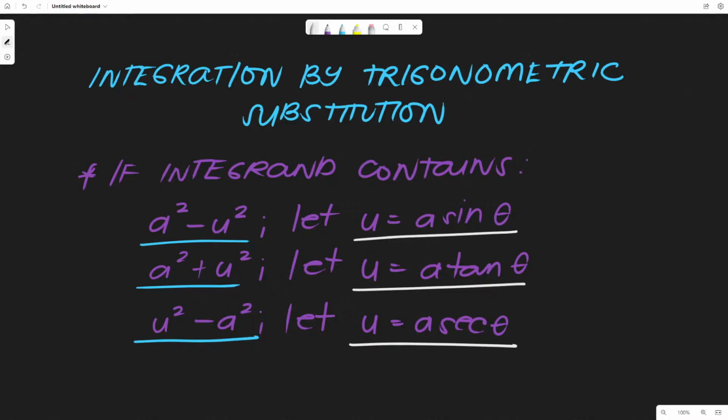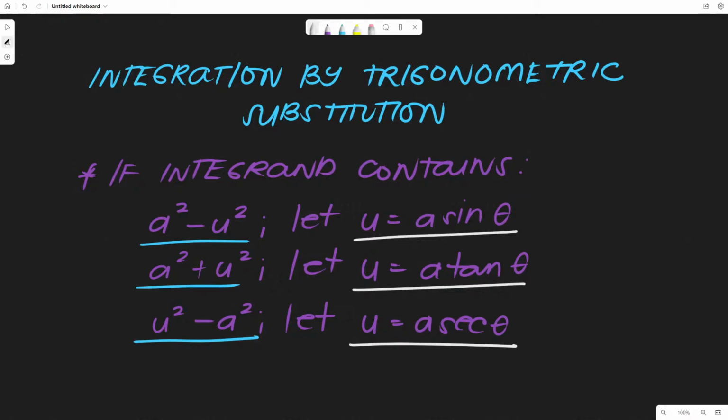We will be discussing integration by trigonometric substitution. This lesson introduces the process of substituting variables in terms of other variables using trigonometric functions.